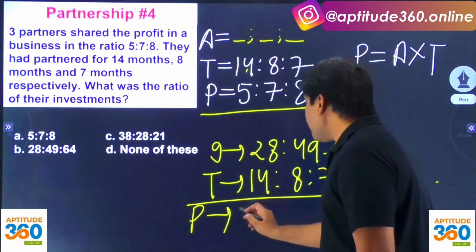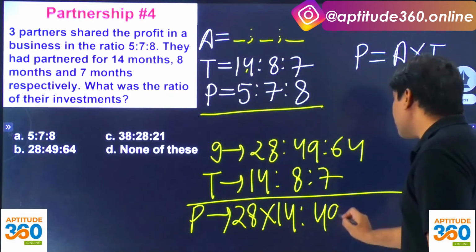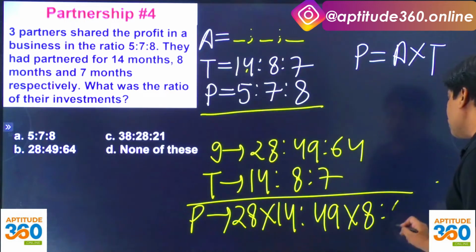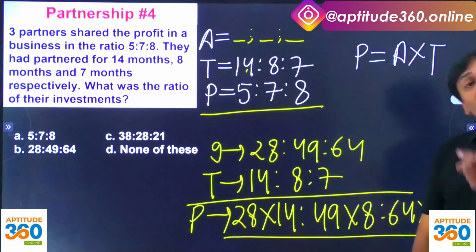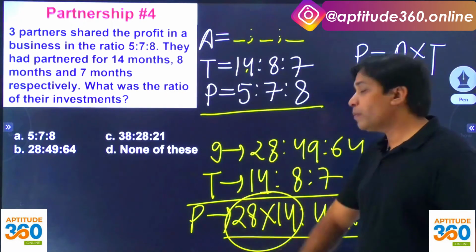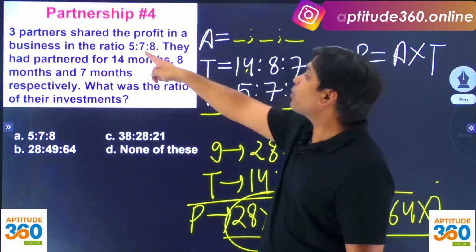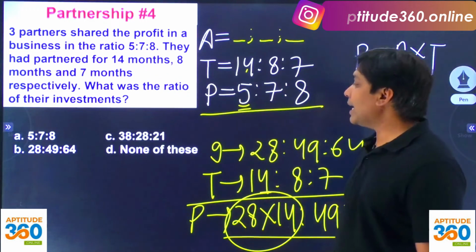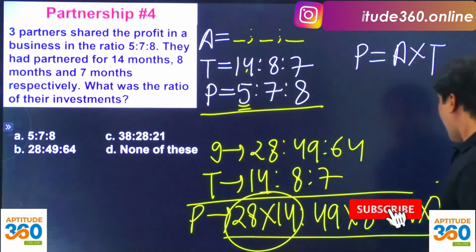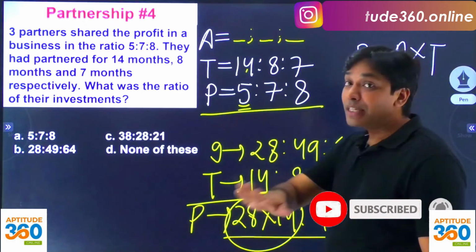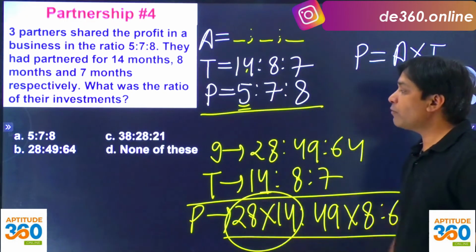The moment I multiply 28 and 14, 49 and 8, and 64 and 7, I would not simplify further. Why won't I simplify? Because whatever I do, it is not becoming a multiple of 5. And the profit ratio for A, the first person, is 5:7:8. So this option cannot be it, because if you simplify them, this cannot be a multiple of 5.